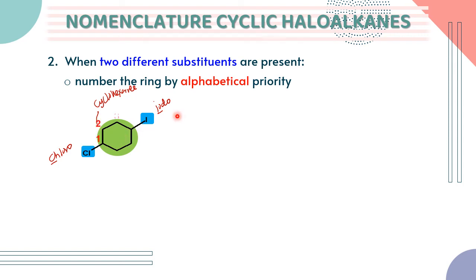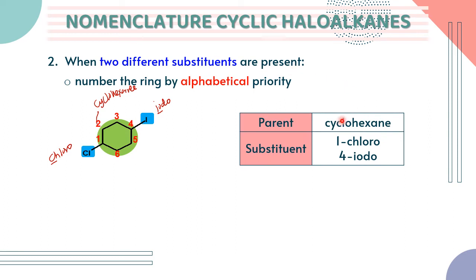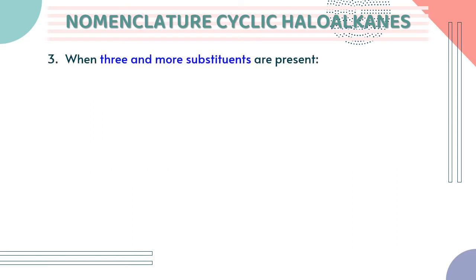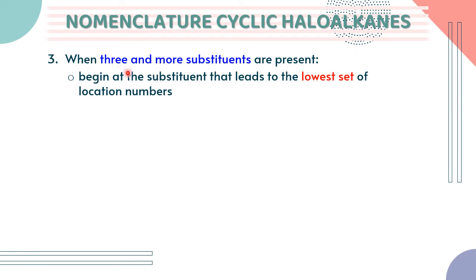So number 1 from Cl, and as you can see, we number it clockwise. So the parent is cyclohexane, with substituents 1-chloro and 4-iodo. The full name will be 1-chloro-4-iodocyclohexane.